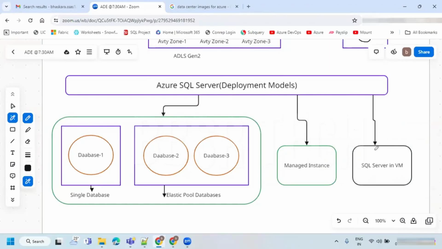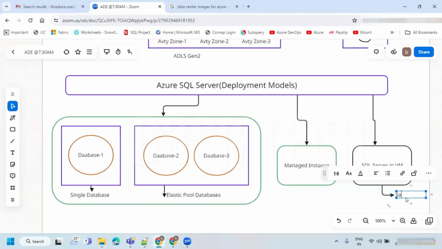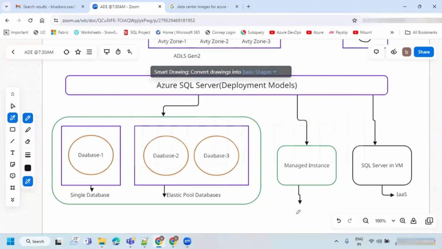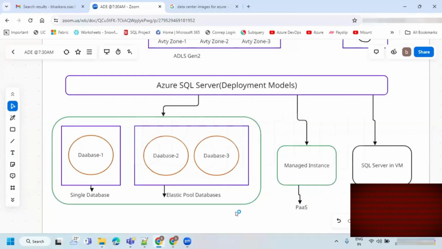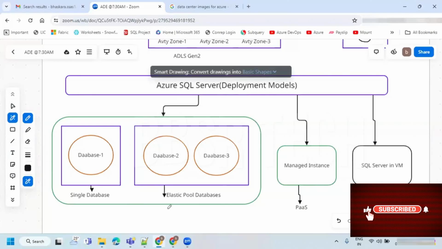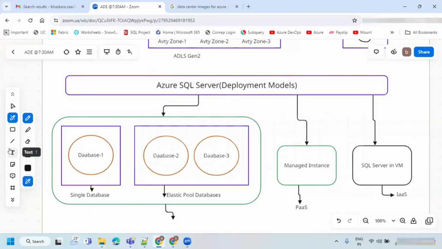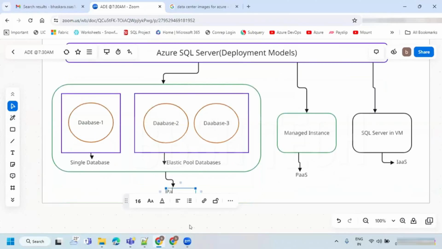Okay, so this is the IaaS platform, infrastructure as a service. And this is platform as a service, and this box also is platform as a service.